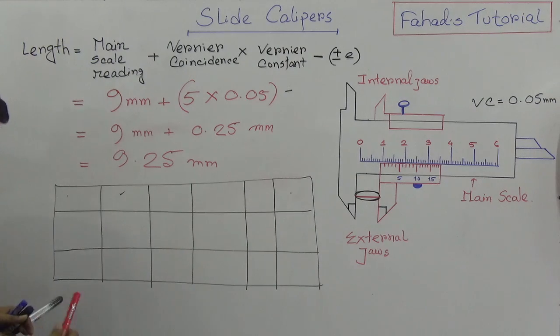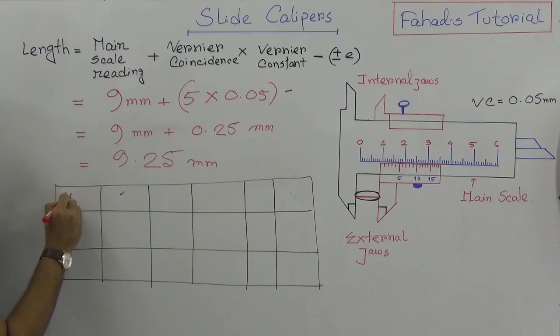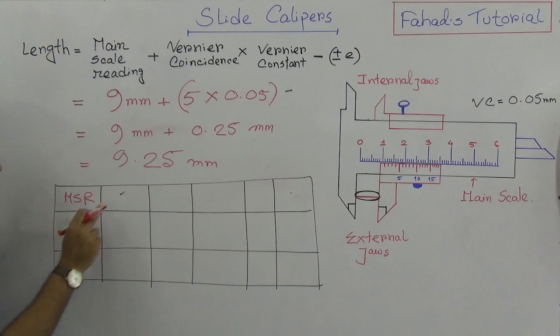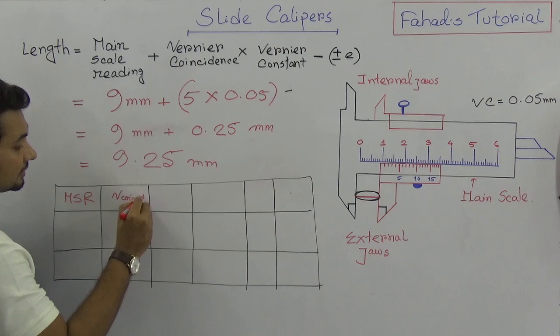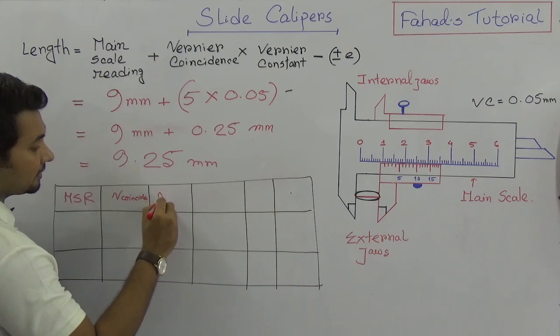Think about this as the main scale reading. You find it, and then you find the Vernier Coincidence, and you get the Vernier Constant.